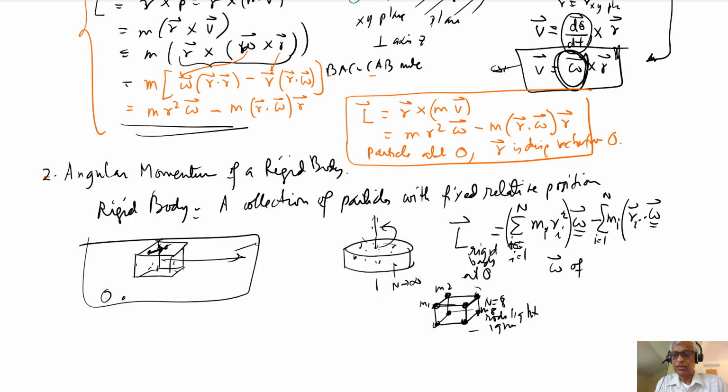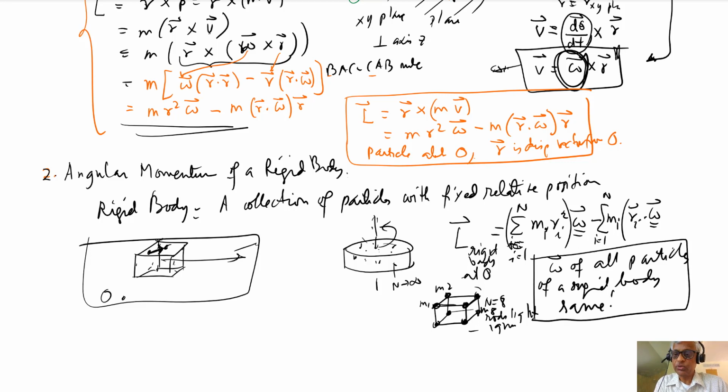Omega of all particles of a rigid body is the same. This is very important. You can prove this. I'm not going to prove it, but just take it as a result.